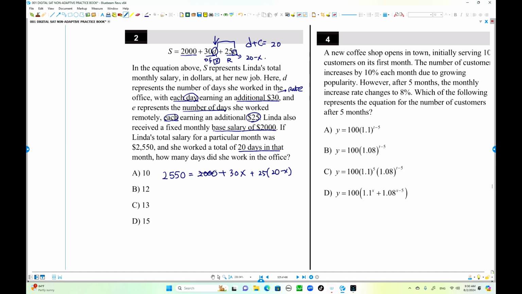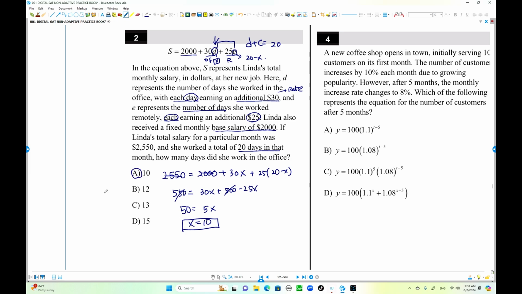So minus 2000, we got 550 equals 30X plus 25 times 20 is 500 minus 25X. So 550 minus 500, you got only 50. 30 minus 25 is 5X. So X equals 10, right? So office work is 10 days.